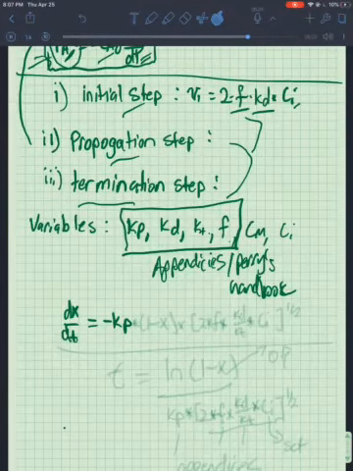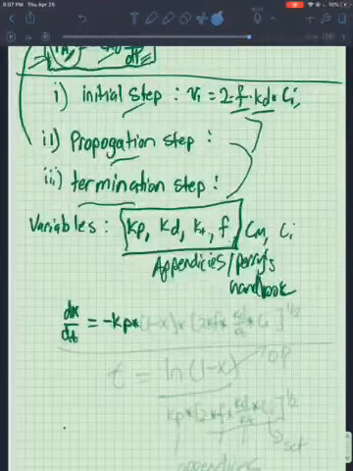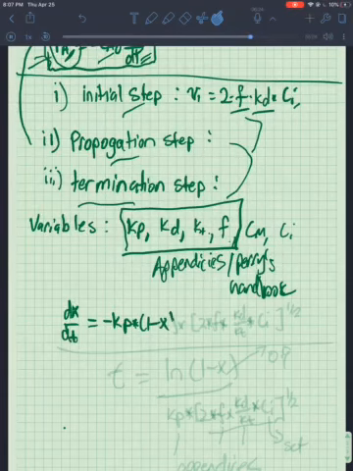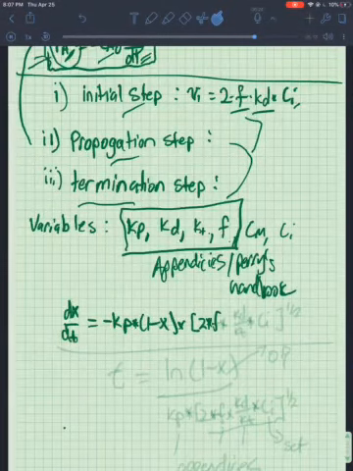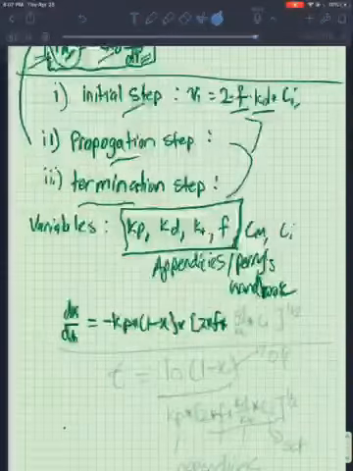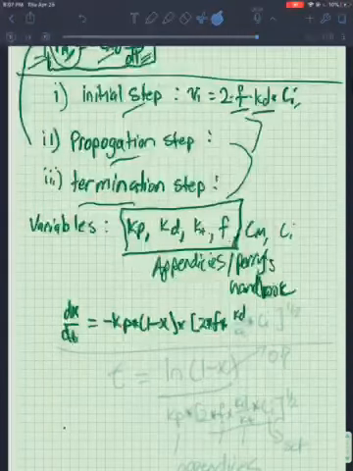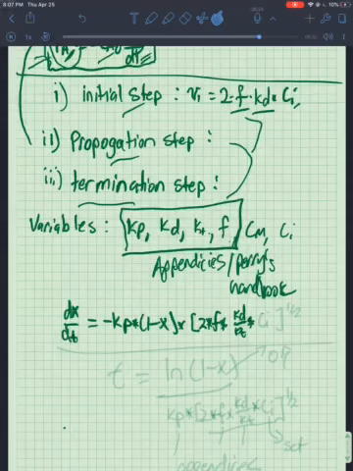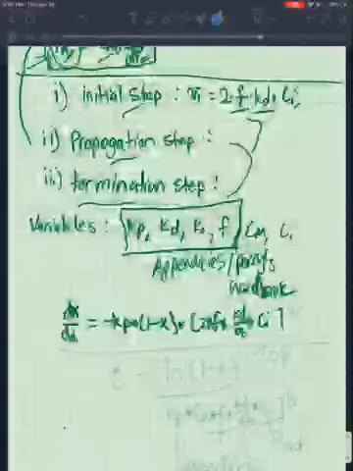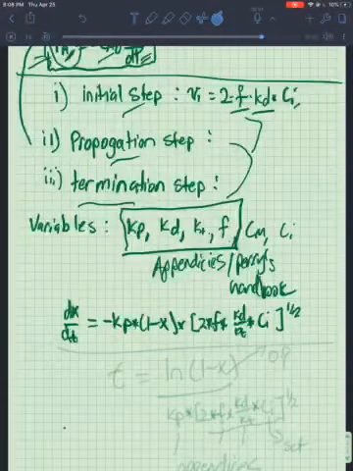Negative Kp multiplied by 1 minus the conversion multiplied by 2 times those same constants we were talking about a little while ago, multiplied by Ci, all raised to the 1/2 power.